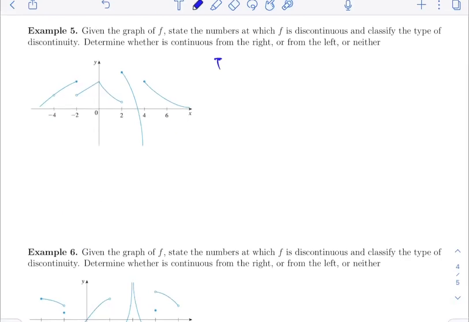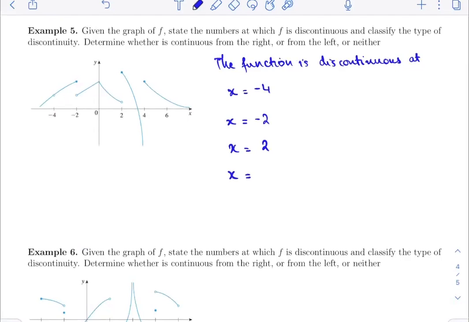The function is discontinuous at x equal to -4, at x equal to -2, at x equal to 2, and at x equal to 4. So there are 4 points on the graph at which the function is discontinuous.